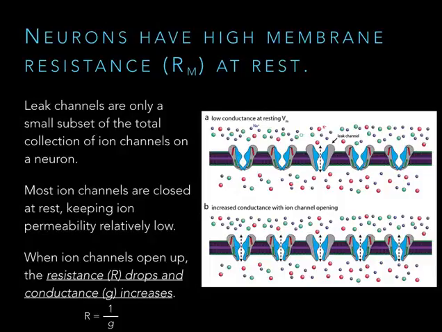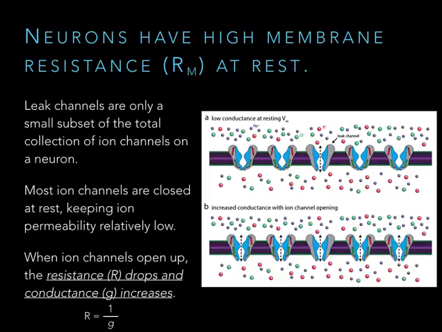Okay, at rest, neurons have relatively high membrane resistances, and that's because most ion channels are closed. The only things that are open are those leak channels that create the resting membrane potential. Because most ion channels are closed, very few ions permeate the membrane. That means that we have very few ion currents.